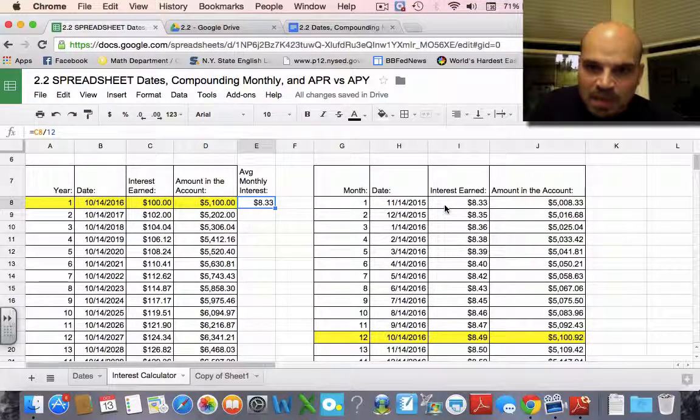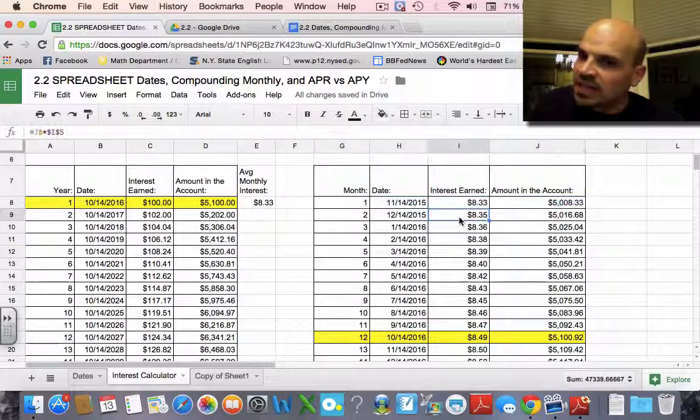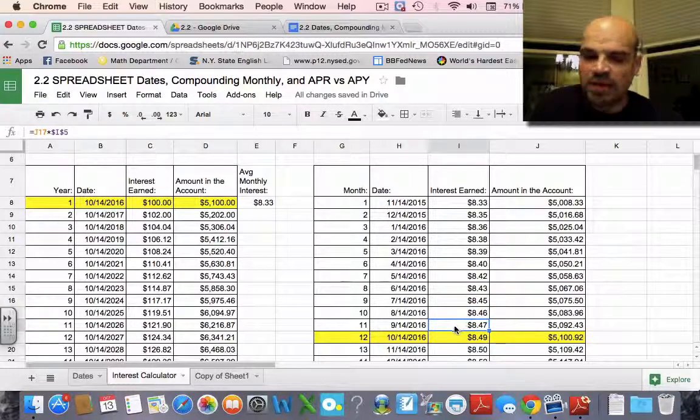If you notice, that matches exactly what the first month's interest earned was. But it doesn't match the second month, and it doesn't match the third month, and so on and so forth. If you notice, these get a little bit bigger. And by the end of the year, I've accumulated 92 extra cents in interest.